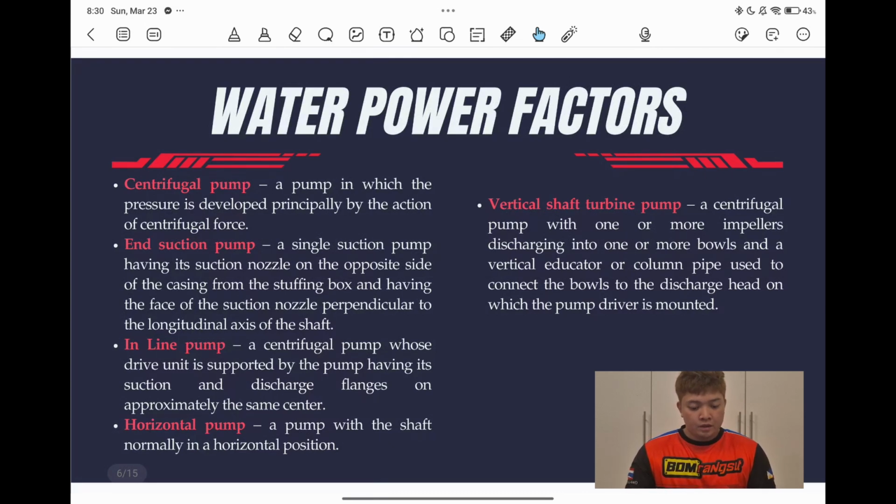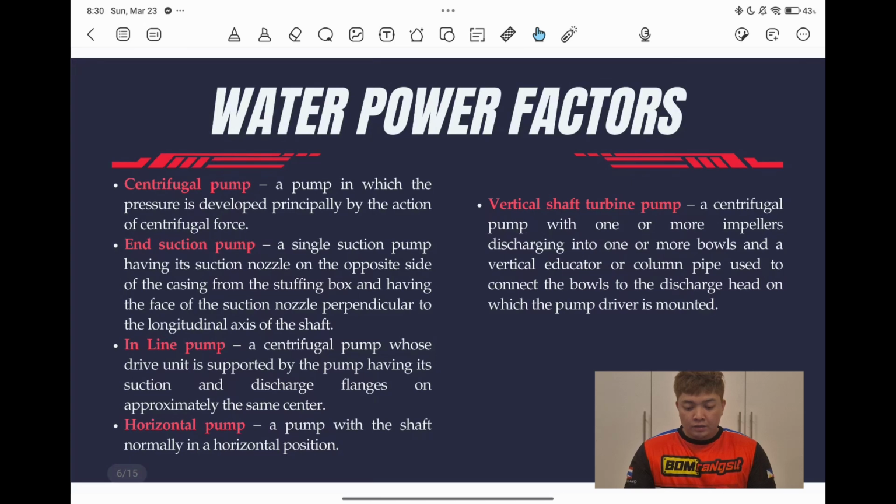Inline pump: a centrifugal pump whose drive unit is supported by the pump, having its suction and discharge flanges on approximately the same center. Horizontal pump naman ay a pump with the shaft normally in horizontal position.